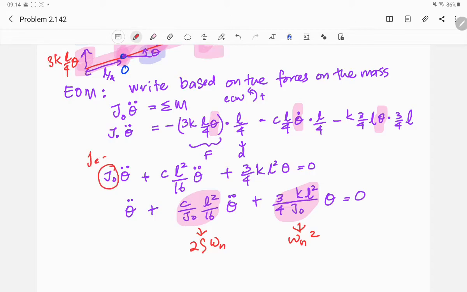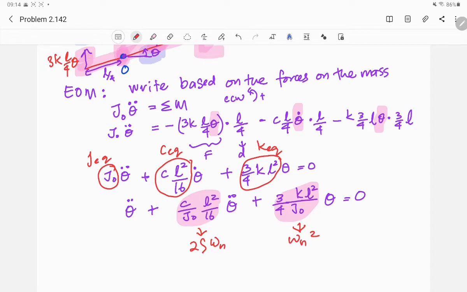So in this case, this is just your J equivalent. Sometimes they ask for your K rotational equivalent. So this will be your K equivalent. Okay, so this will be your C equivalent, and this will be your K equivalent.